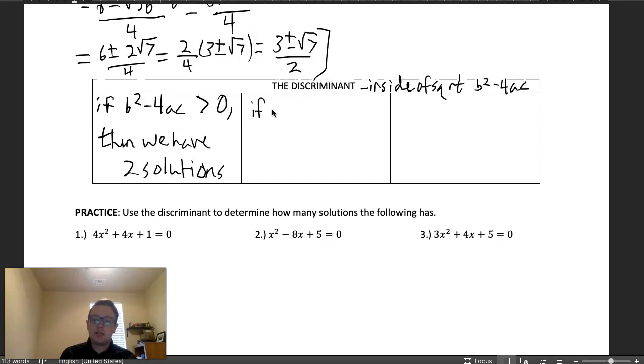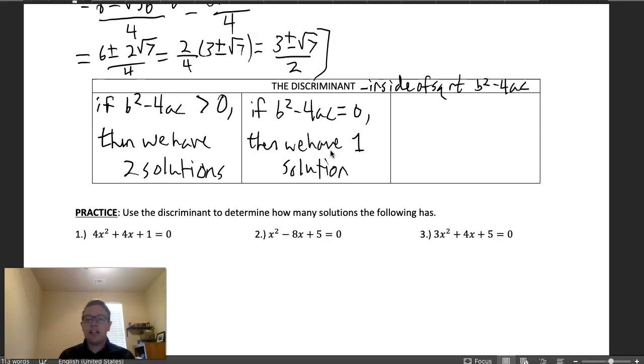If our discriminant, b squared minus 4ac, is equal to 0, then we know we have one solution. This is like problem 3, where we ended up with the square root of 0. Square root of 0 is just 0, so we will only have one answer.